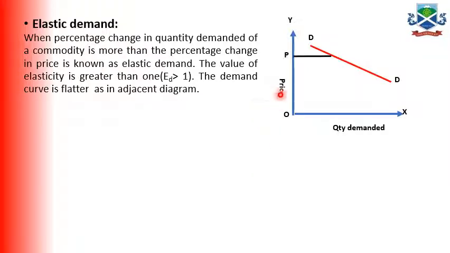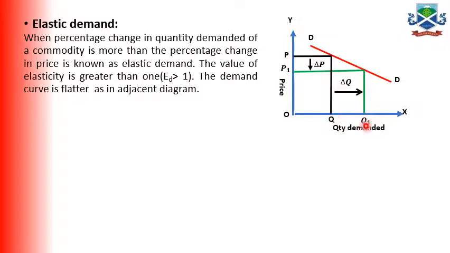Over here, if the original price I take as OP, at this price you are demanding OQ units, and when the price is decreased to OP1, your demand is increased to OQ1. Now look at the change part: this PP1 is the change of price, and due to this decrease in price, demand is increased by QQ1, that is delta Q, the change in demand.